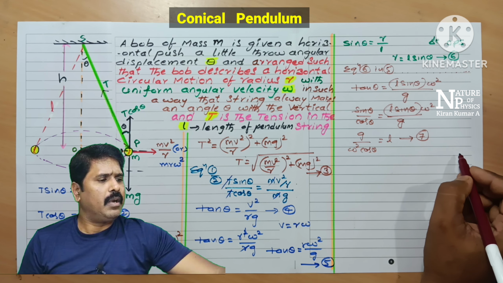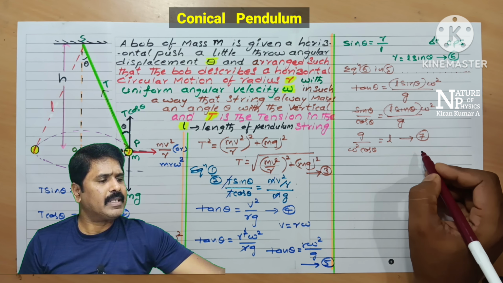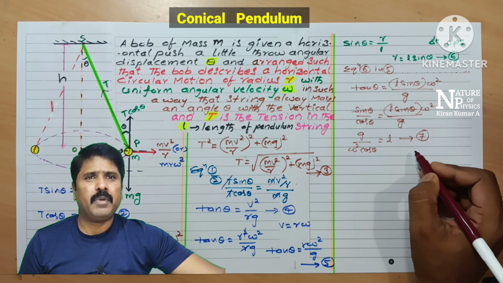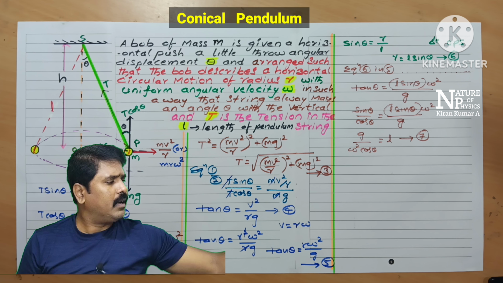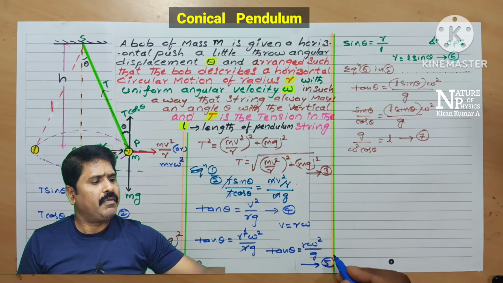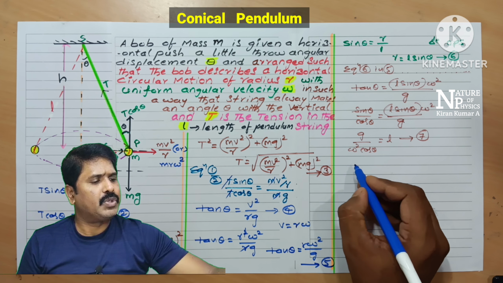Next step, we will discuss a relation also. Based on this formula we will have the problem. Here, the time period also we can find from equation number 5, student.